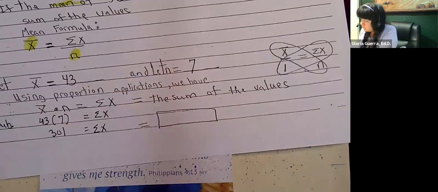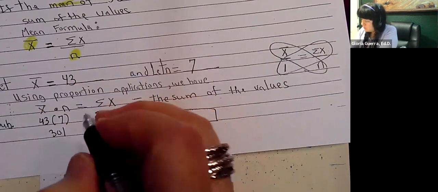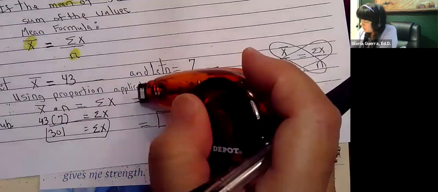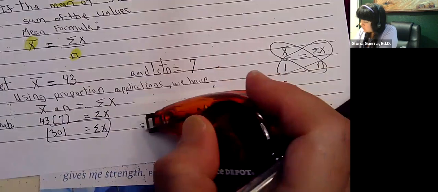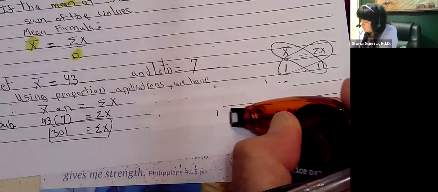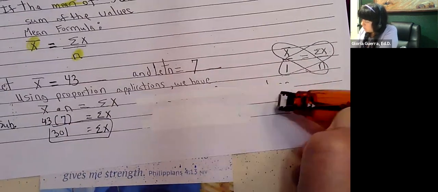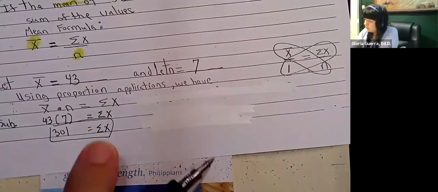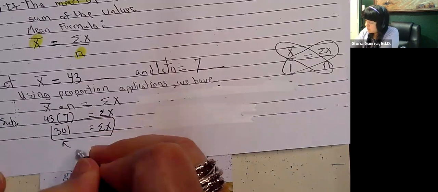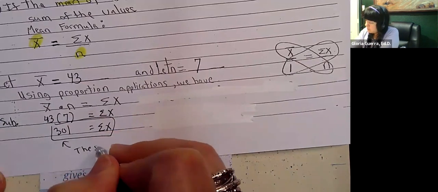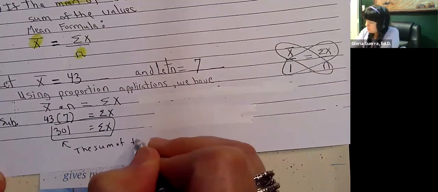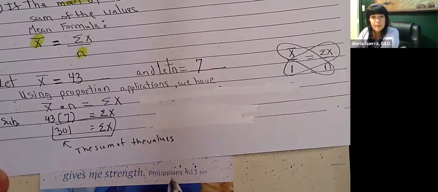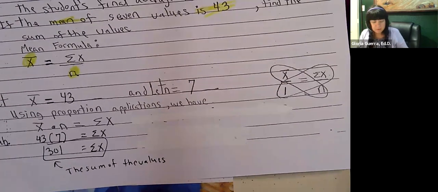Yeah. So the answer is just 301. That's the answer. So this part, I can take this off. I don't really need this in here. But it says find the sum of the values, so this is the sum of the values. Okay. All right.